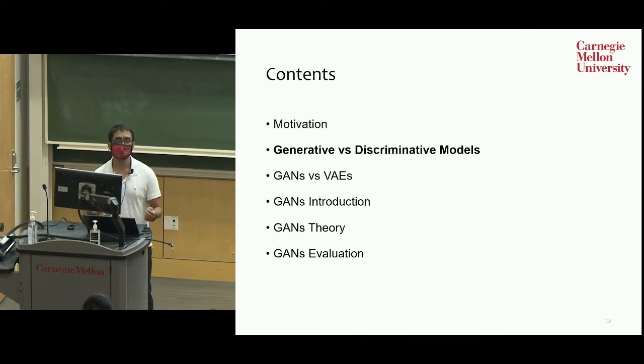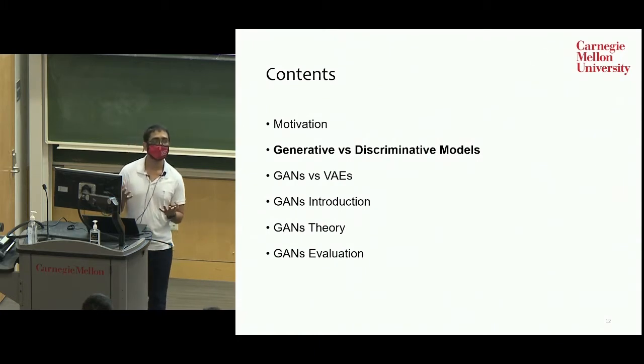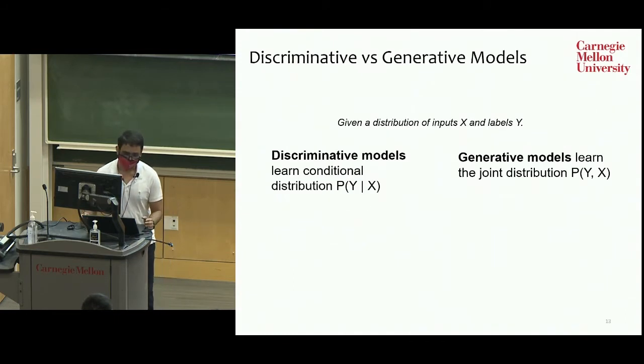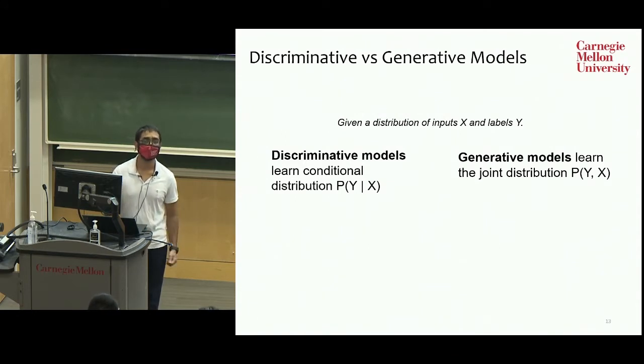So we saw what a generative model can do. Now let's look at how a generative model differs from a discriminative model. In a discriminative model, we are mapping, given an input x, to an output y, and we are learning the conditional distribution: given an input x, you are trying to predict what y could be.